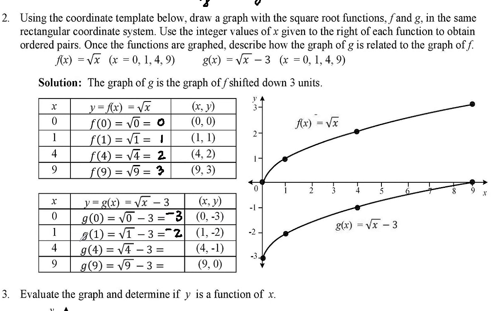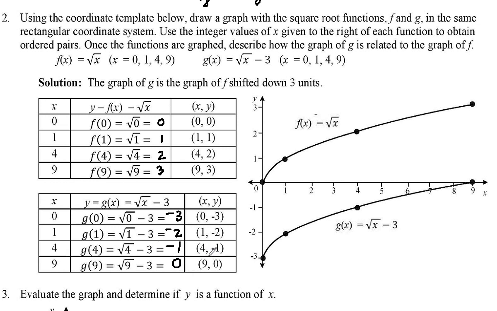When x is 4, g of 4 is square root of 4 minus 3, root 4 is 2, minus 3 is negative 1. So x is 4, y is negative 1, 4 comma negative 1. When x is 9 here, we get root 9 minus 3, 3 minus 3, that's 0. So x is 9, y is 0, 9 comma 0.